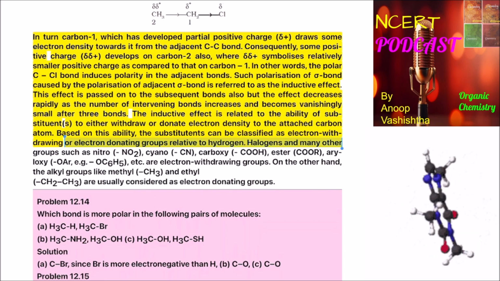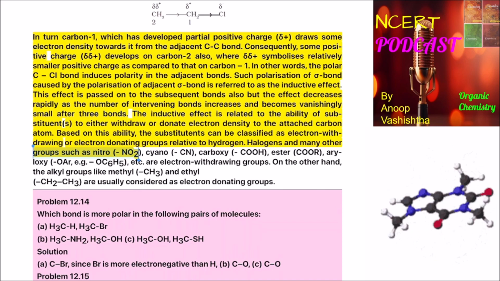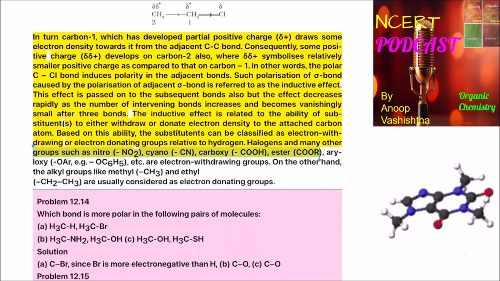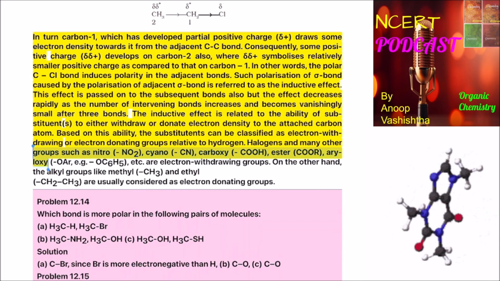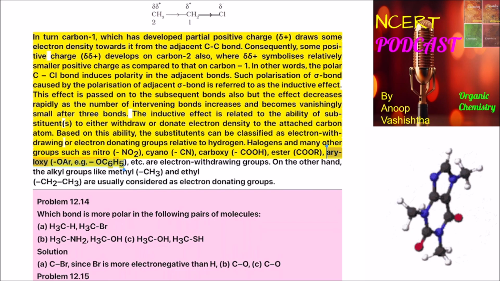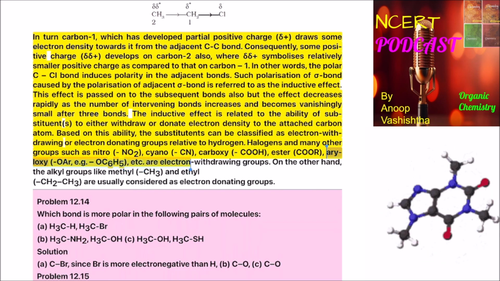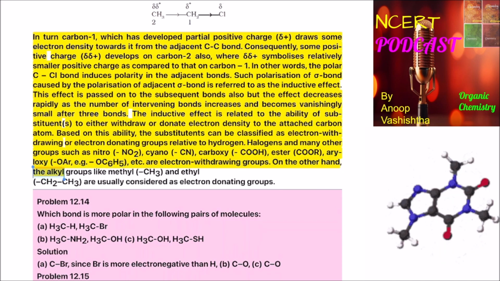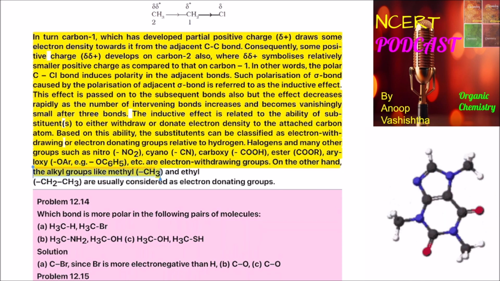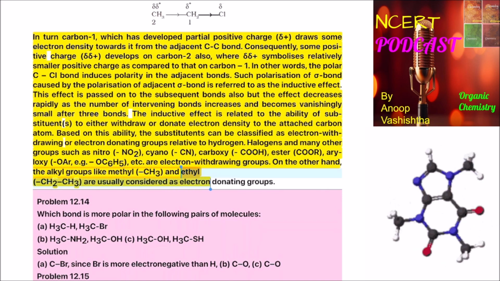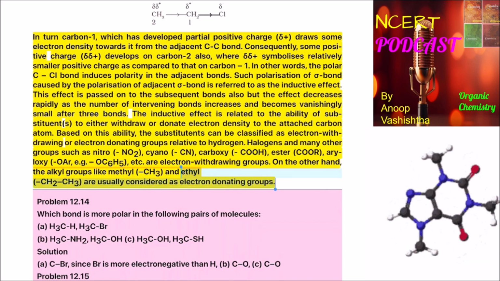Halogens and many other groups such as nitro, NO2, cyano, CN, carboxy, COOH, ester, COOR, aryloxy, OAr, for example OC6H5, etc. are electron withdrawing groups. On the other hand, the alkyl groups like methyl, CH3, and ethyl, CH2CH3, are usually considered as electron donating groups.